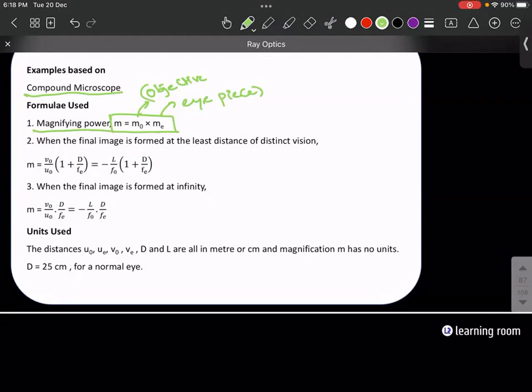Now see, when the final image is formed at the least distance of distinction, magnification due to a compound microscope is given as V naught divided by U naught into 1 plus D divided by Fe, or it is also given as minus L divided by F naught into 1 plus D by Fe, where L is called the tube length.